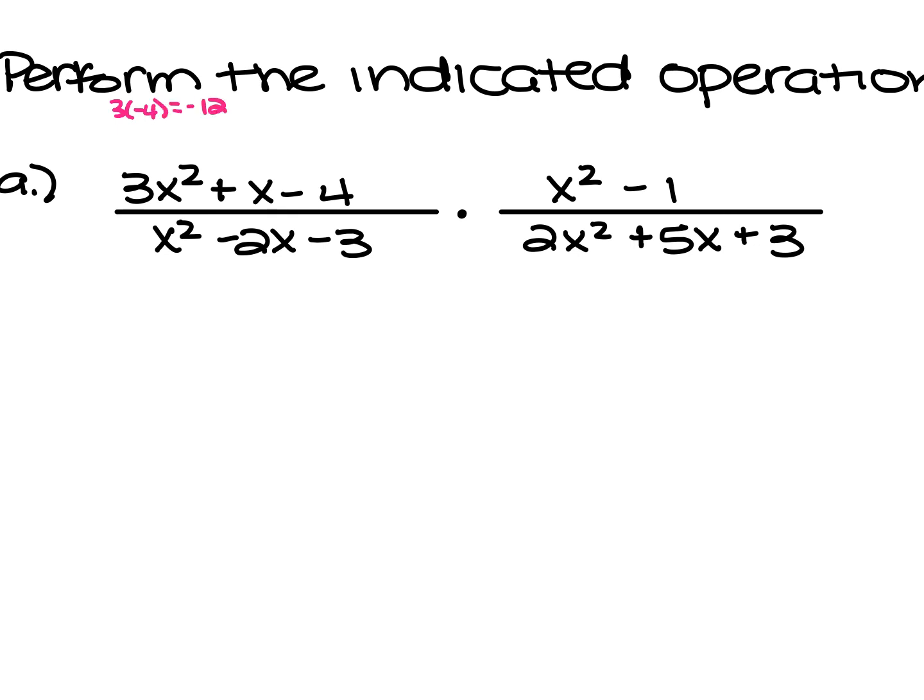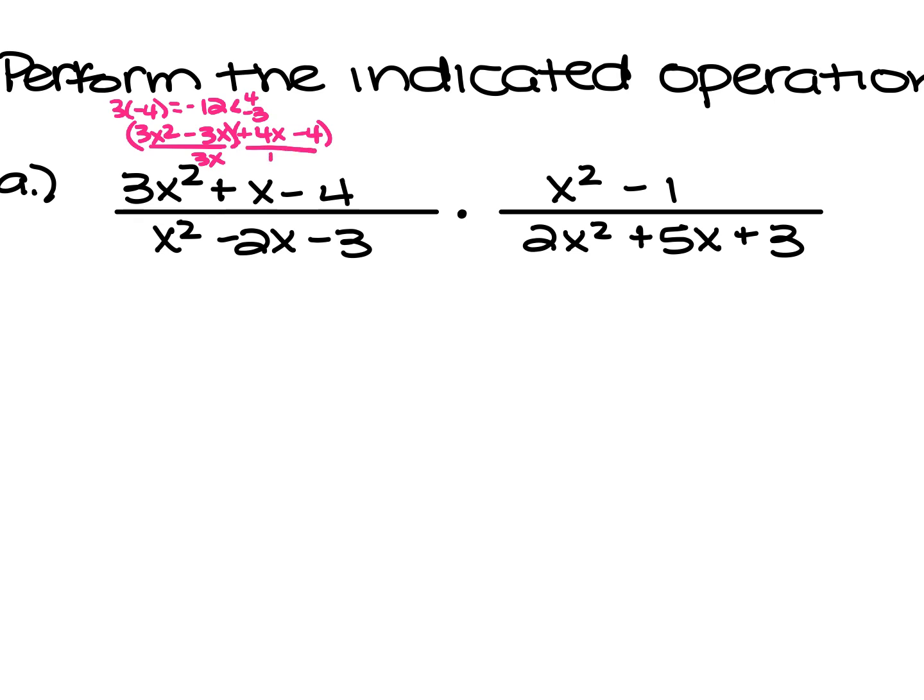Your factors of negative 12 that add up to be positive 1 are 4 and negative 3. So we're going to rewrite this as 3x squared plus 4x minus 3x minus 4. You factor this by grouping.